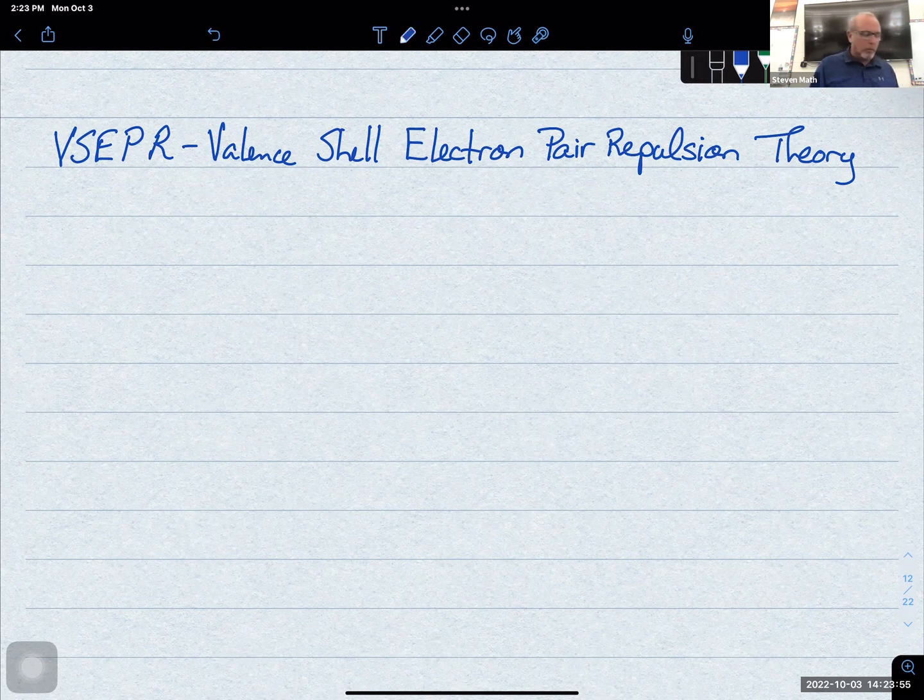It's a whole lot of words for saying this theory is a method for predicting molecular geometry.